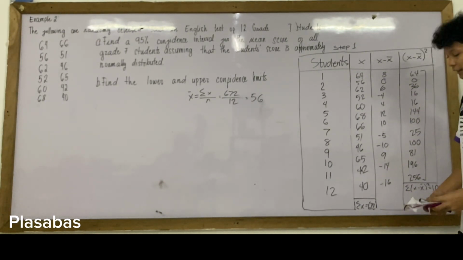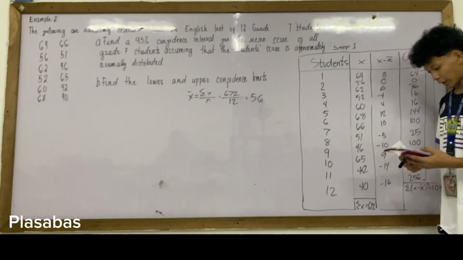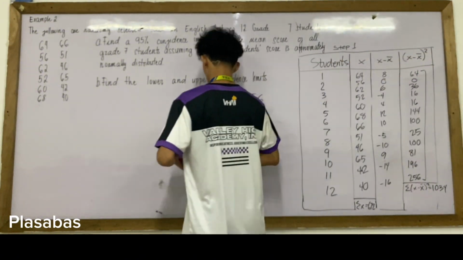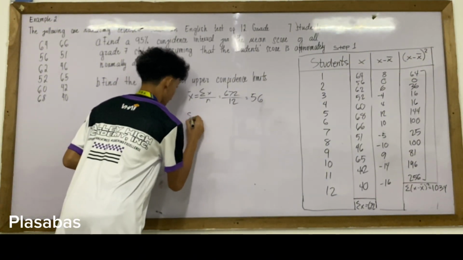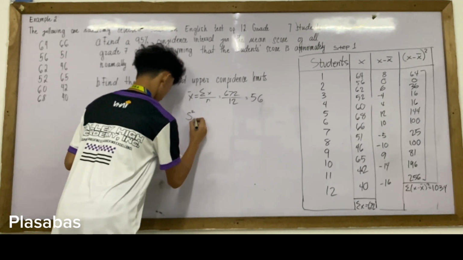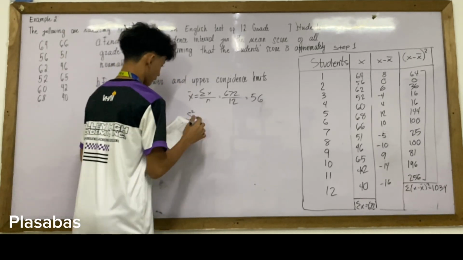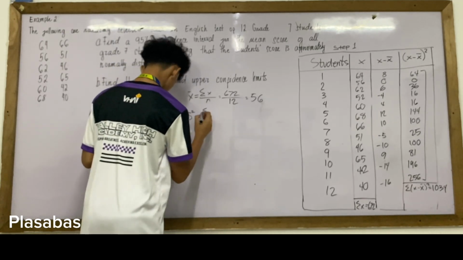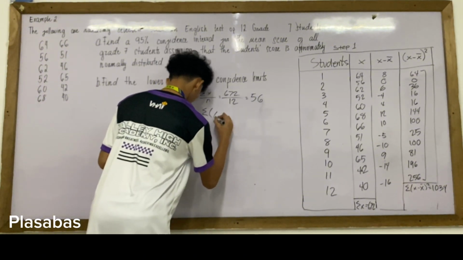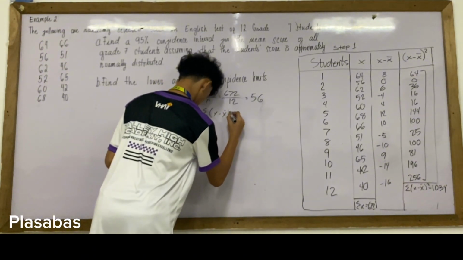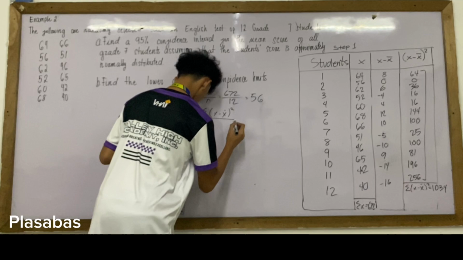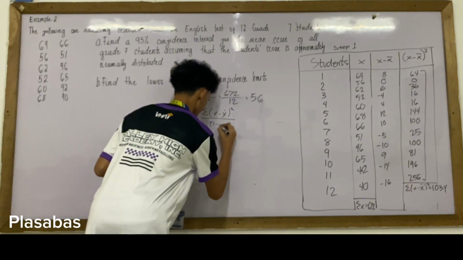So we need to find the standard deviation by using this formula: s squared is equal to the summation of the quantity x minus sample mean squared over n minus 1.